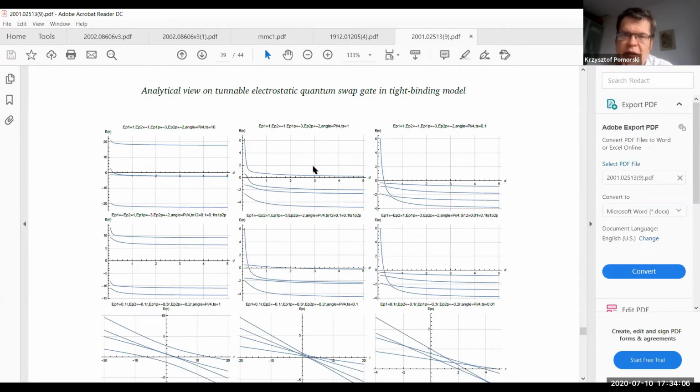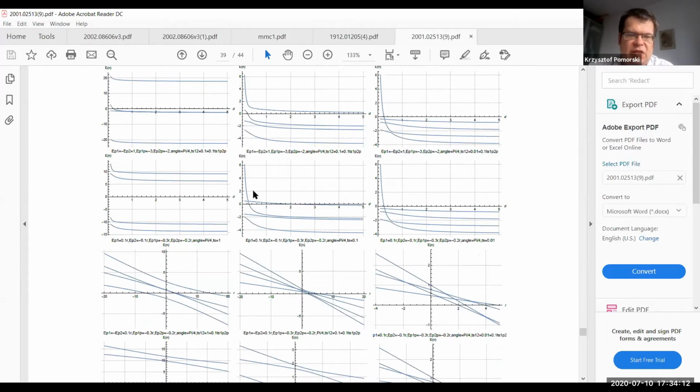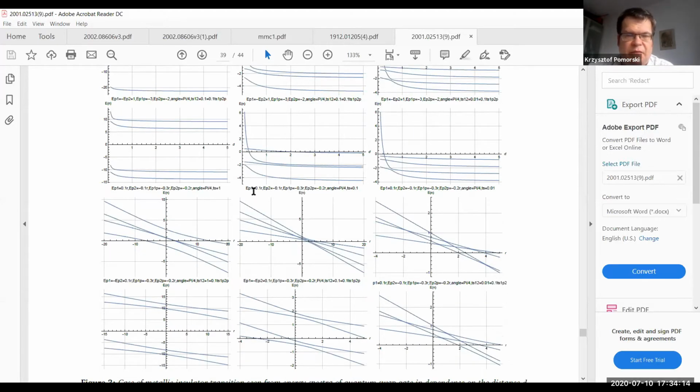So there is a big space of possibilities. I will not go into detail. You can observe various cases. It's interesting to see that these eigenenergies never cross in such a type of system. If they would cross, it would mean that two ground states exchange their position.